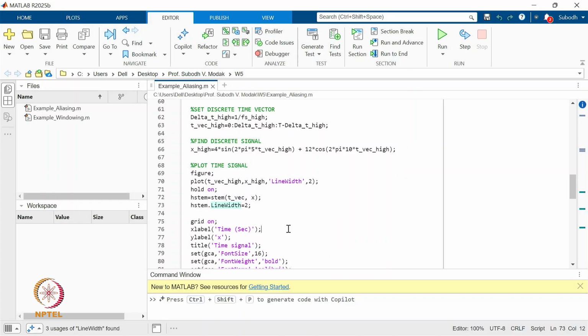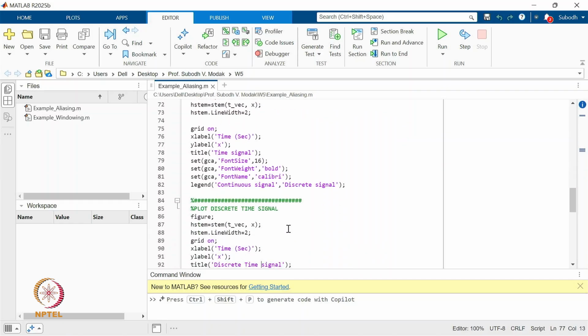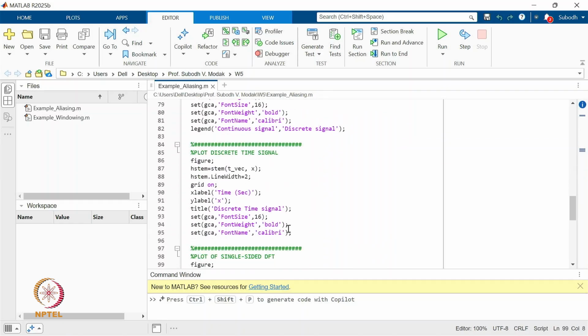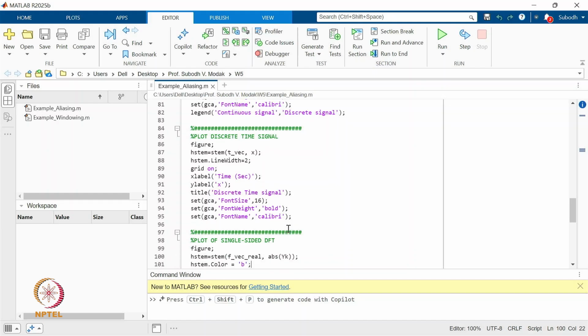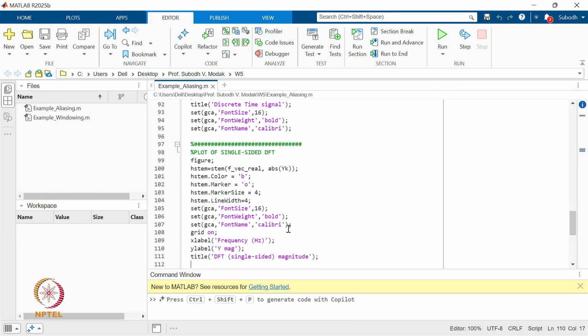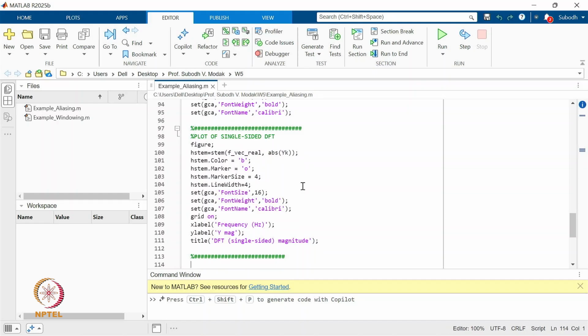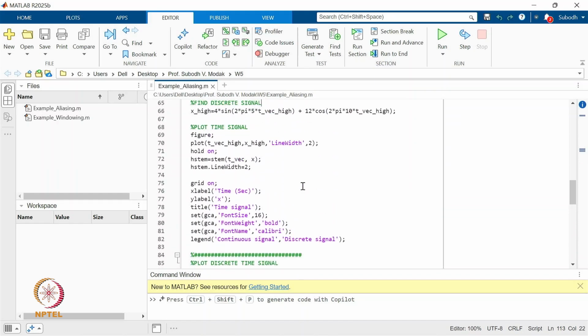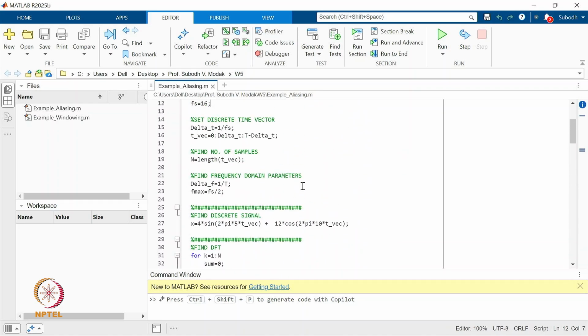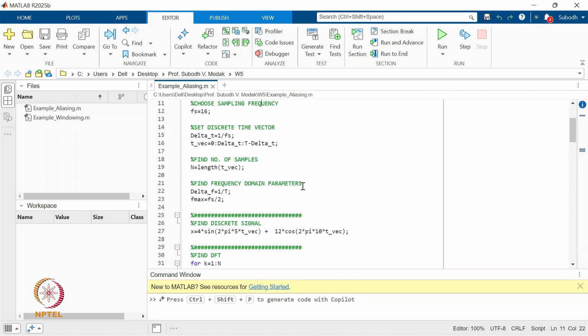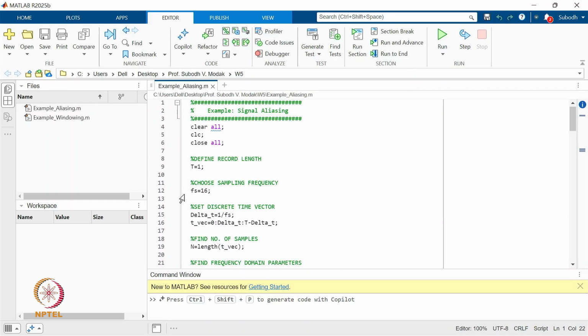And then I am plotting just the discrete time signal, and now the single sided DFT. So that is nothing but the code, which is essentially the same code we used in the earlier example. The only difference is that now we are using a sampling frequency of 16 hertz as given in the problem and a record length of 1 second.